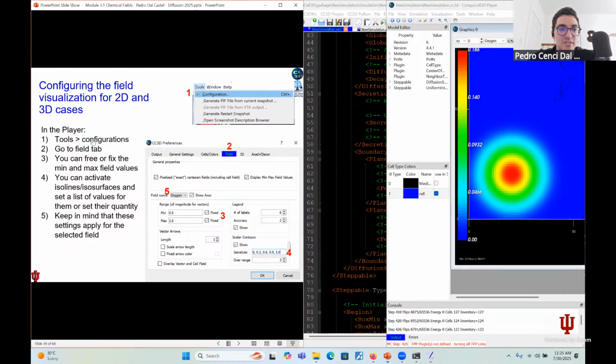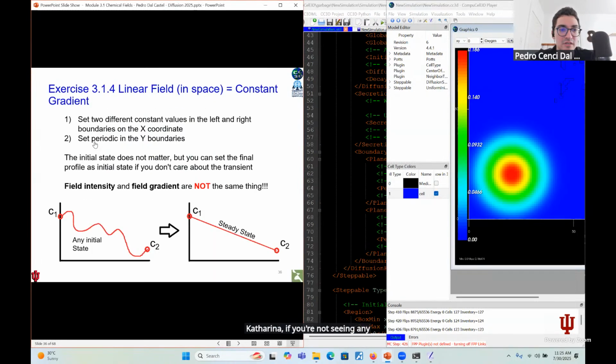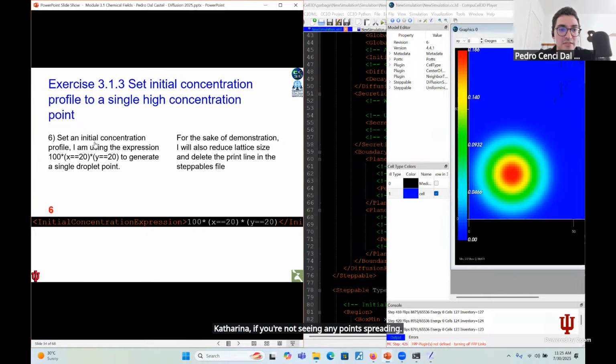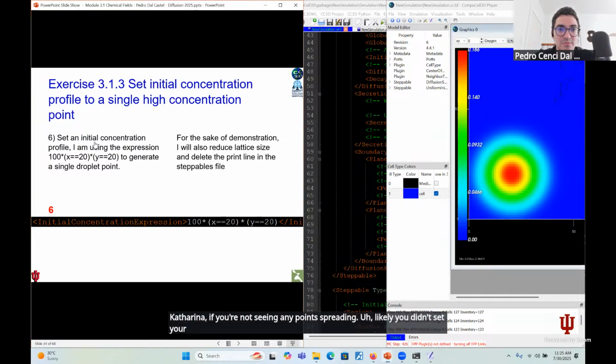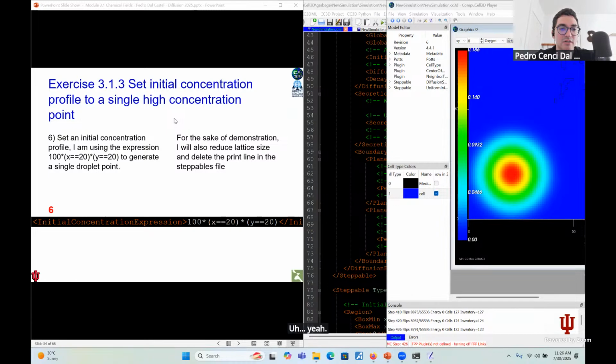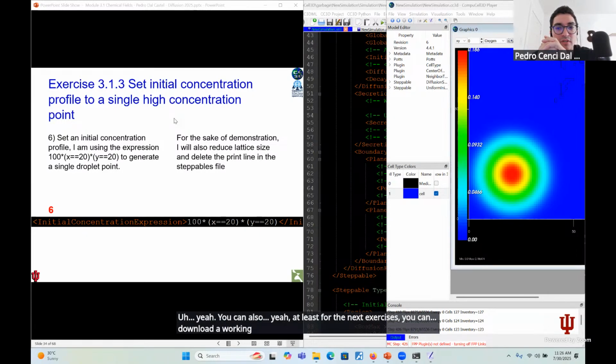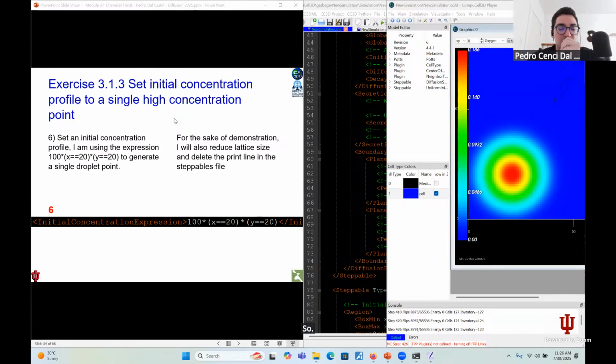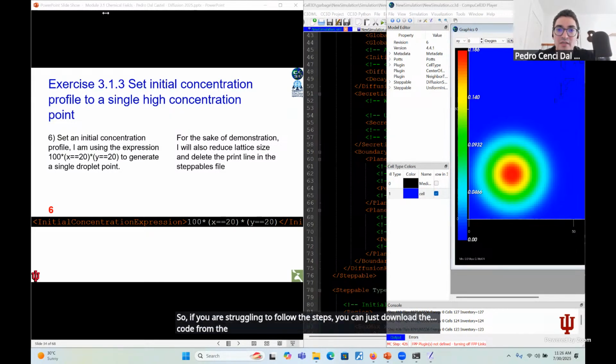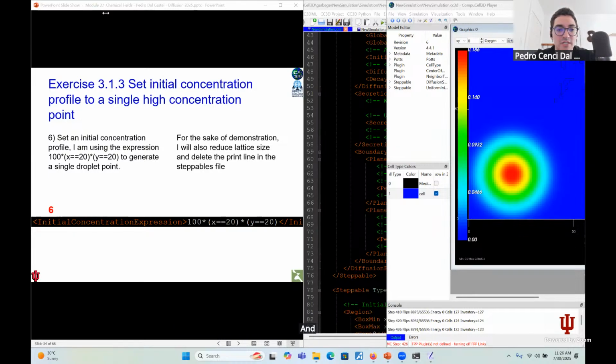Ekaterina, if you're not seeing any points spreading, likely you didn't set your initial condition expression. You can also, at least for the next exercises, download a working demo code. So if you are struggling to follow the steps, you can just download the code from the student materials, and that code hopefully runs with the answers.